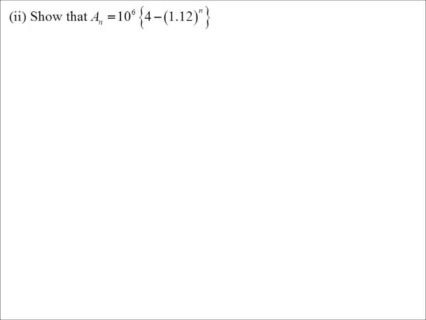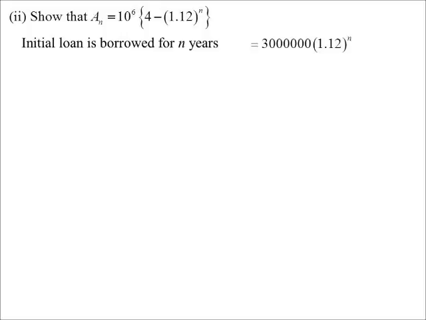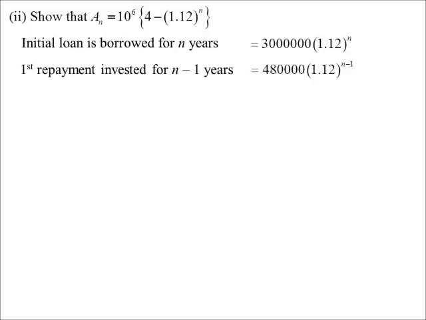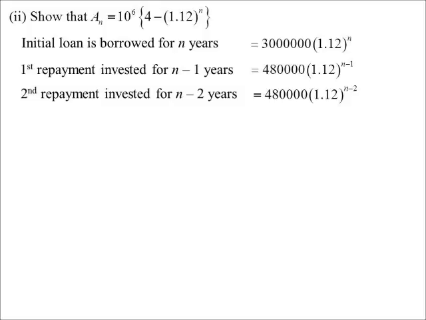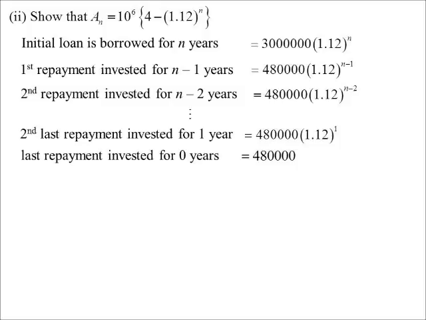So, all right, we don't know what N is. So the initial loan, 3 million, has interest applied for N time periods. The first repayment would be there for N minus 1 years, then N minus 2 years, and so on, and eventually we'll get to that last repayment, which will be there for 0 years.